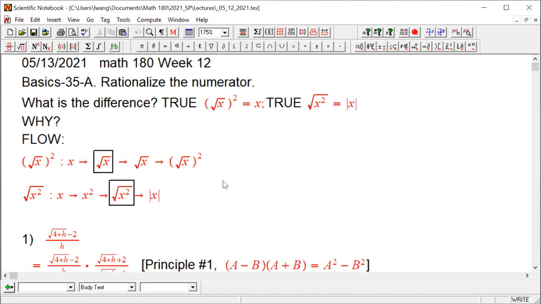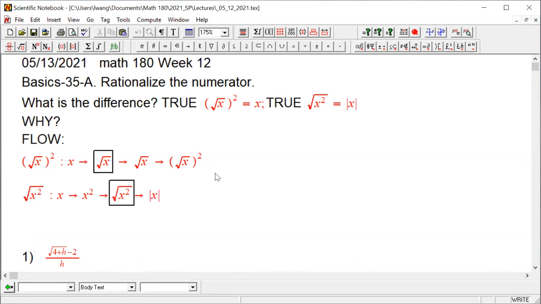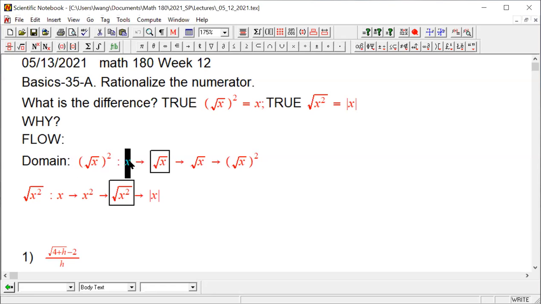The domain difference. The domain here, for this x, because this x is going to enter the root x immediately, must be x greater than or equal to 0. So to operate this, you start with x greater than or equal to 0.